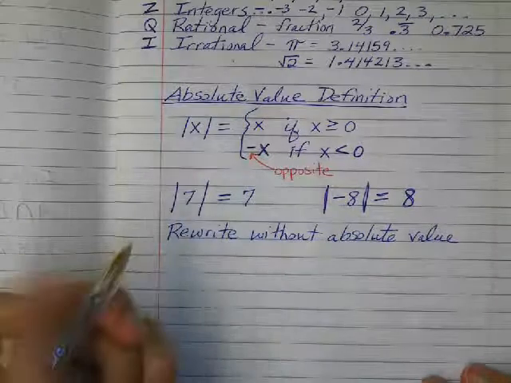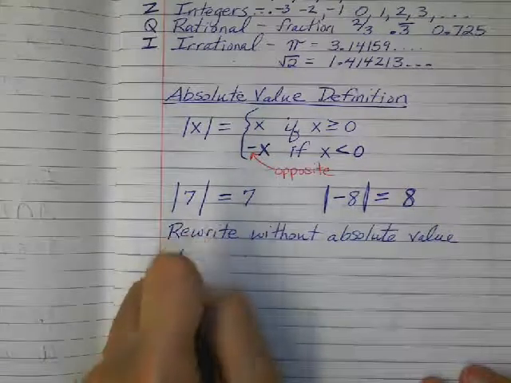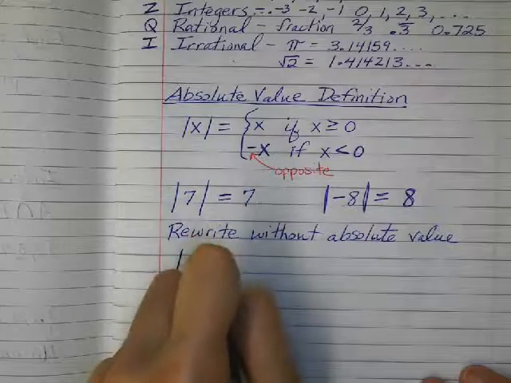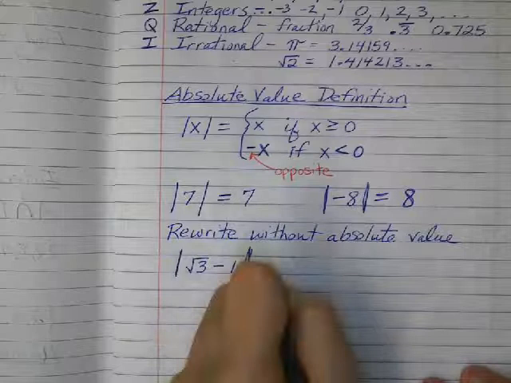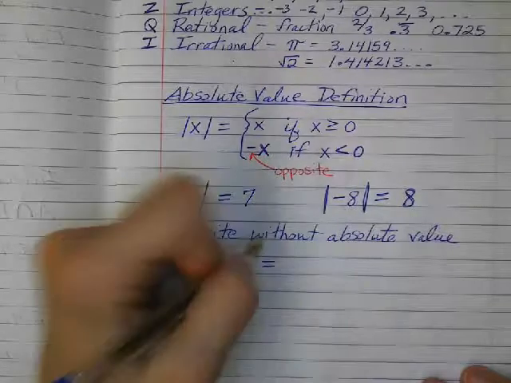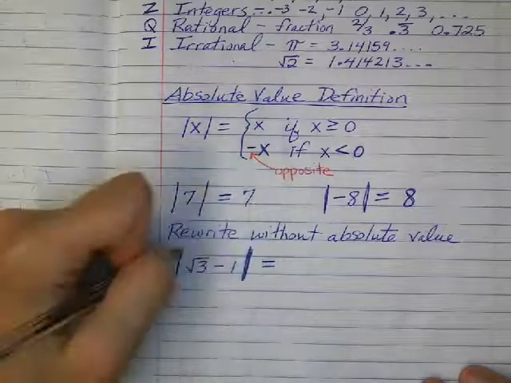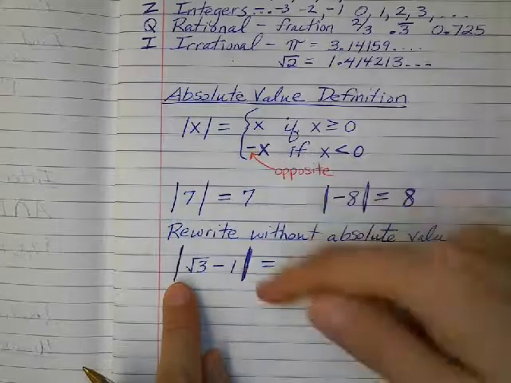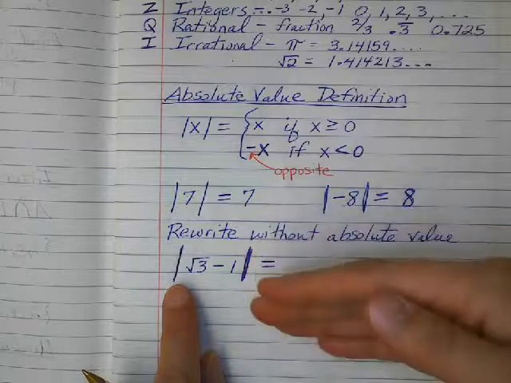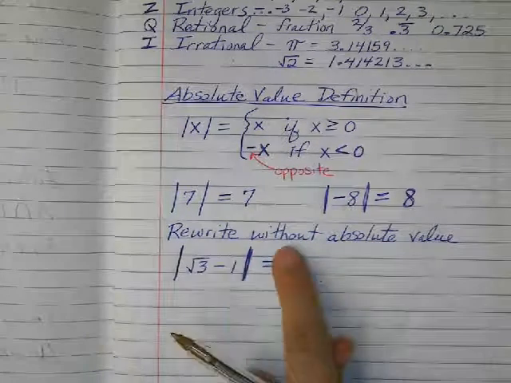This is kind of different. They'll say absolute value of square root of 3 minus 1, something like that, and the absolute value lines are around it. Those straight lines, that's the absolute value lines. It doesn't say solve, it just says rewrite it without the absolute value.